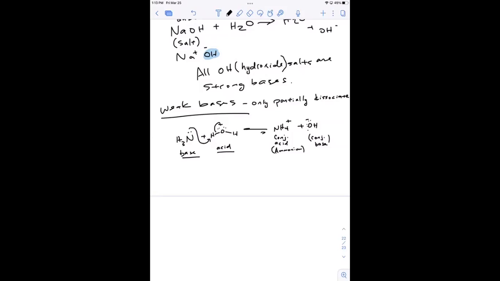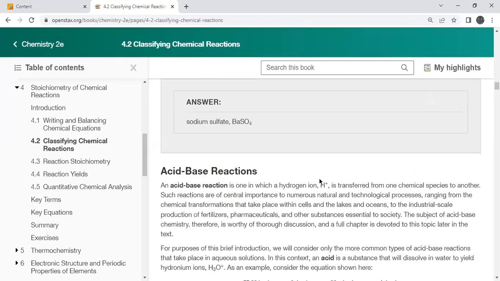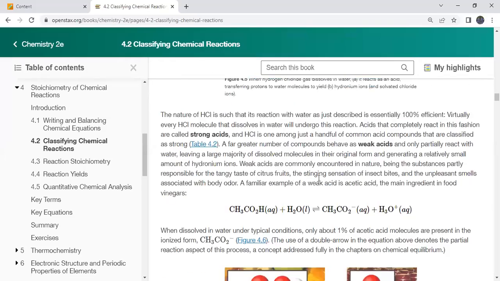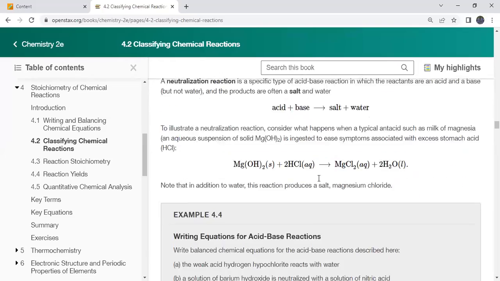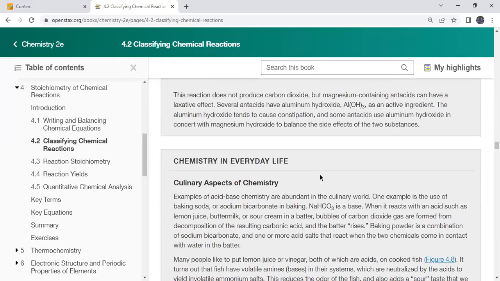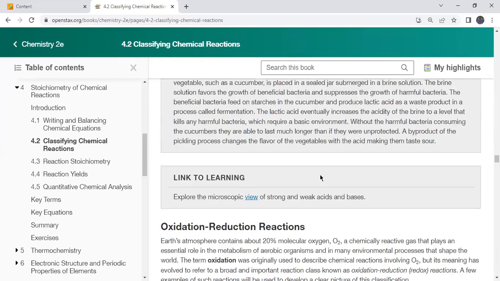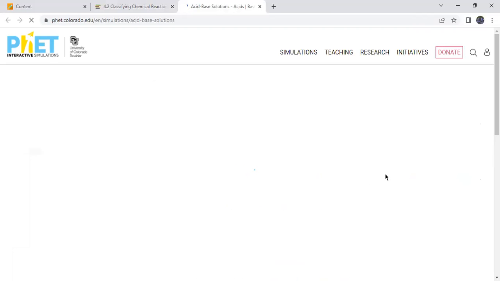Come on, book. Let me reshare. So this is a section on acids and bases is actually a really good section, but let me just pull up the right here. What this looks like and how to think about this on a micro level.